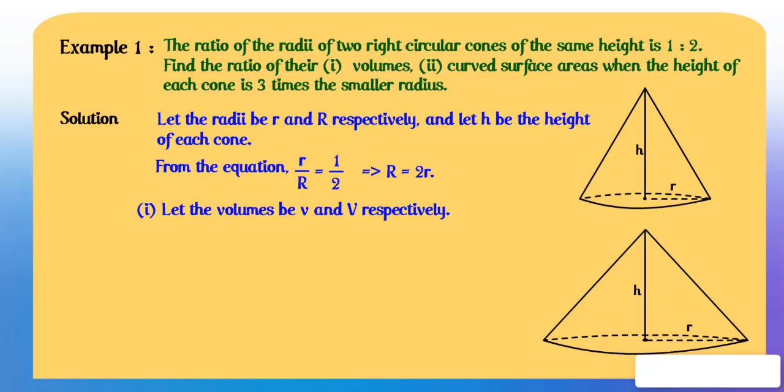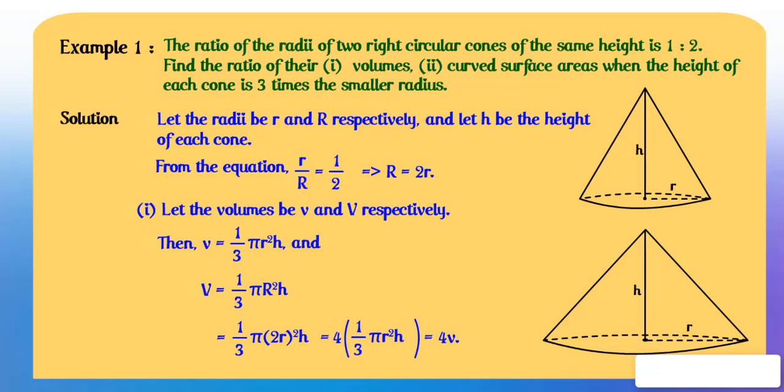First, let the volumes be small v and capital V respectively. Then, small v is equal to 1 by 3 pi small r square h and capital V is equal to 1 by 3 pi capital R square h, which is equal to 1 by 3 pi twice small r whole square h, which is equal to 4 into 1 by 3 pi small r square h, which is equal to 4 times small v.